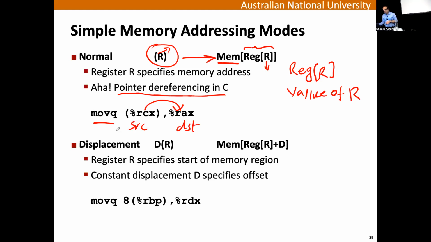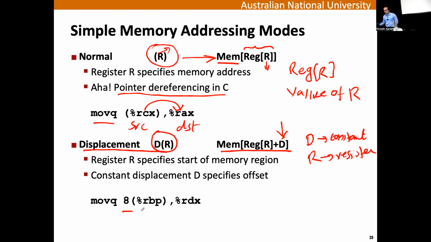destination. Okay, the other addressing mode is displacement, where we add a displacement to the normal mode. So dr means d could be a constant and r is a register.